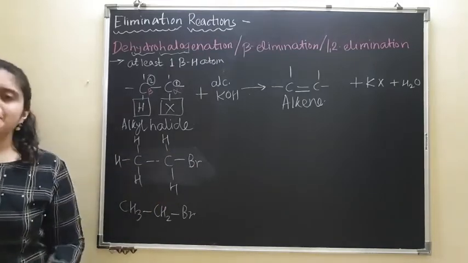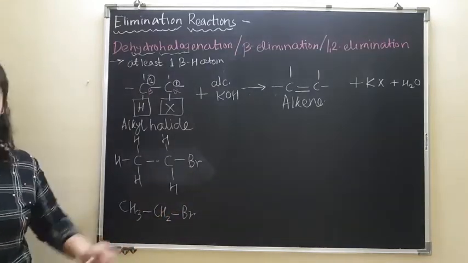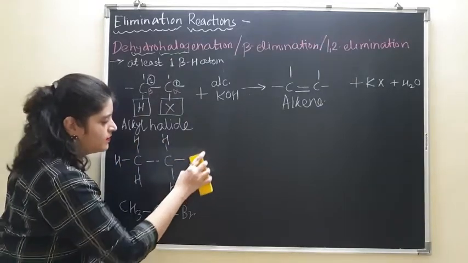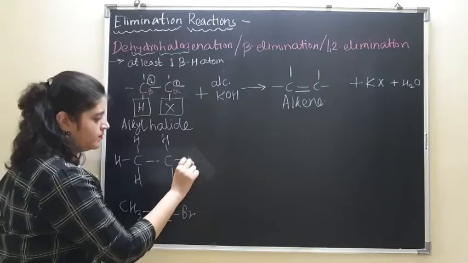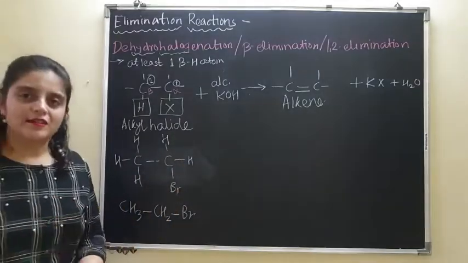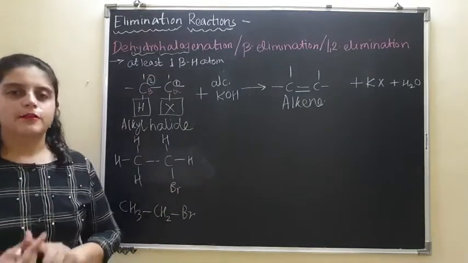Now, for the simplicity of understanding, I will change the position of this hydrogen and bromine like this. Remember that both the structures are correct. I have written the structure like this only for the purpose of understanding.